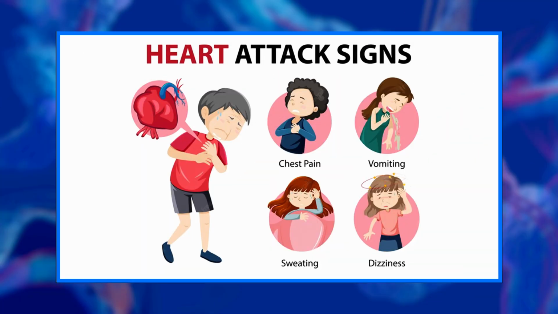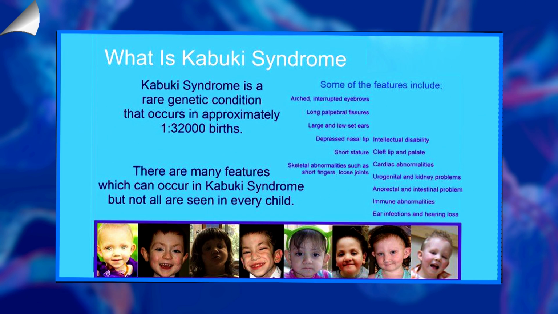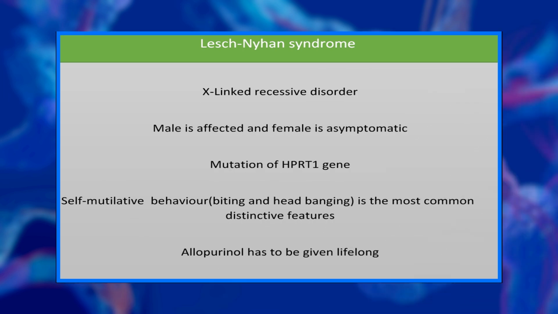In a young person who presents with a history of skin lesions, renal failure, stroke, or a heart attack, one must think about Fabry disease. Other less common X-linked disorders include adrenoleukodystrophy, Kawasaki syndrome, and Lesch-Nyhan syndrome.